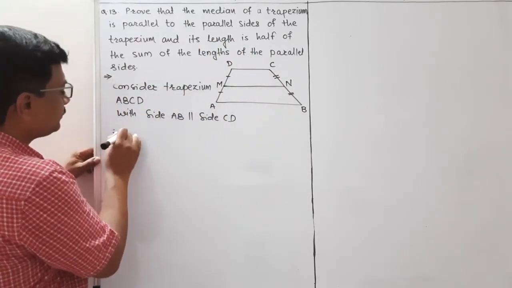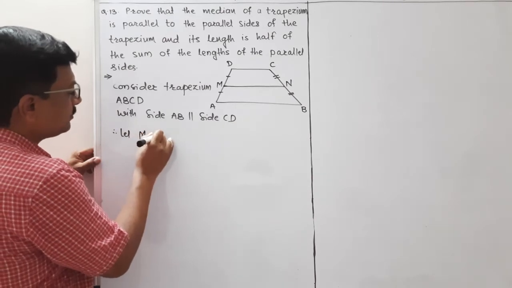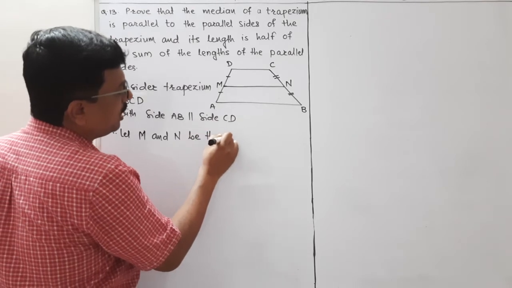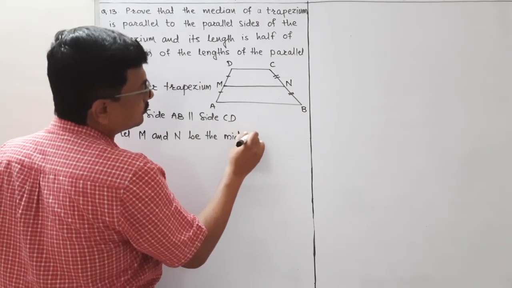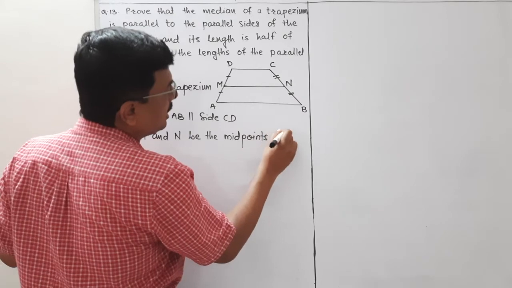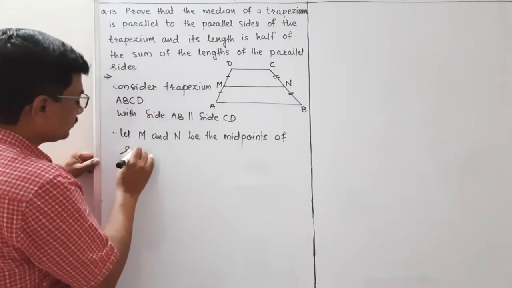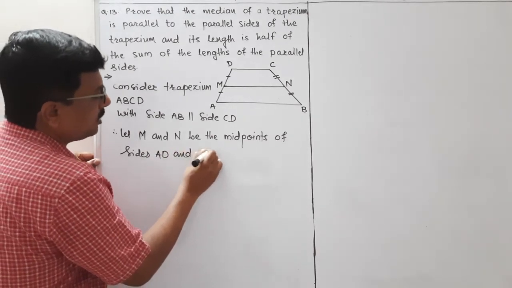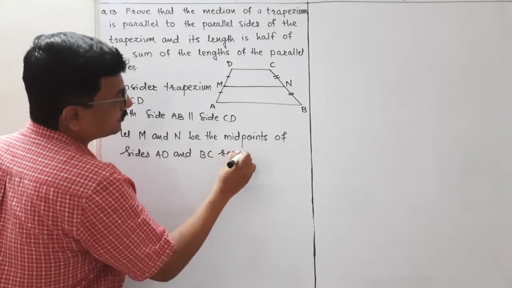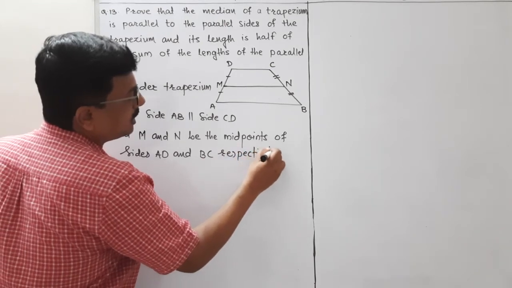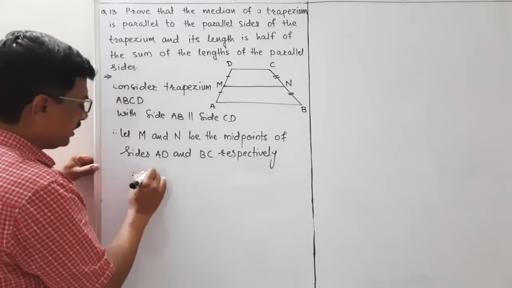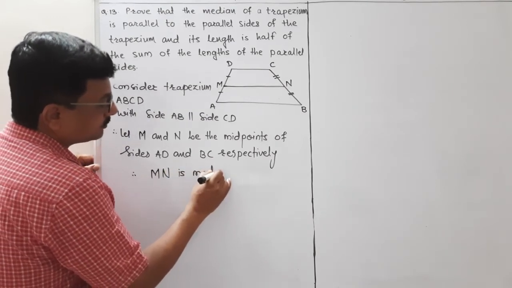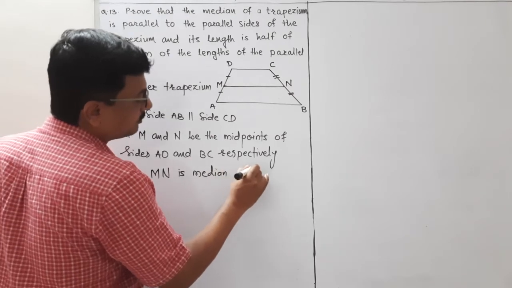Therefore, let M and N be the midpoints of sides AD and BC respectively. Therefore, we can say that MN is median of trapezium.